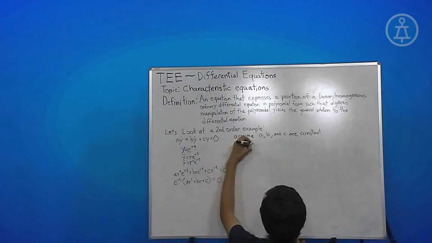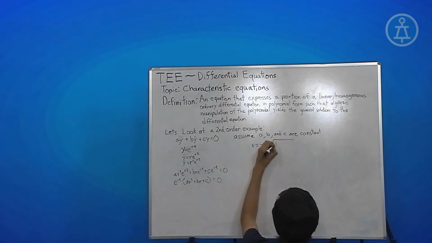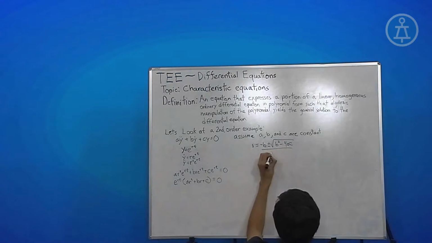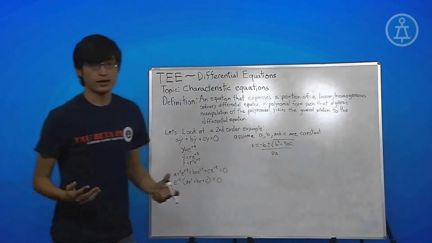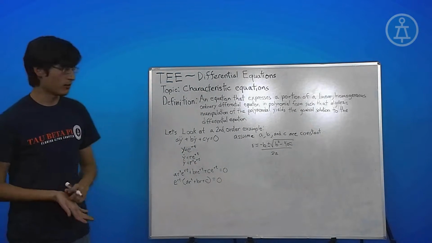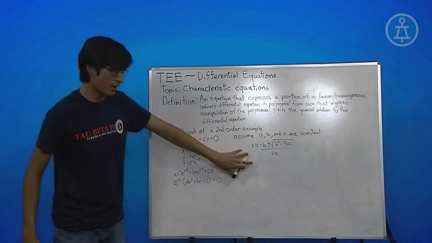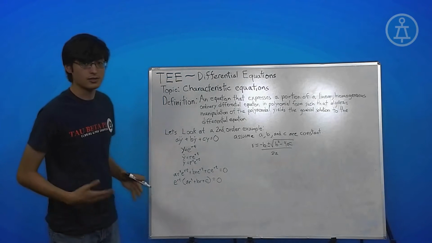So as you may remember, r is equal to negative b plus or minus the square root of b squared minus 4ac, over 2a, where r is the roots of the second order polynomial. So we can use this and plug it into the expression for e to the rt, and that should yield us results.